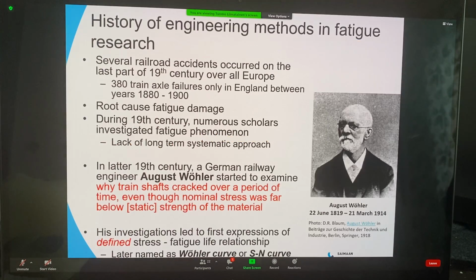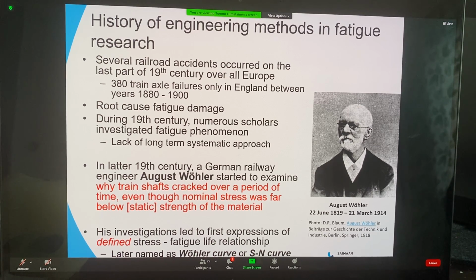until there came an engineer from Germany called August Wöhler, and he was a railroad engineer in Germany, and he started to investigate in a profound manner why the shafts of a train did fail, even though the nominal stress was far below the yield strength of the material.